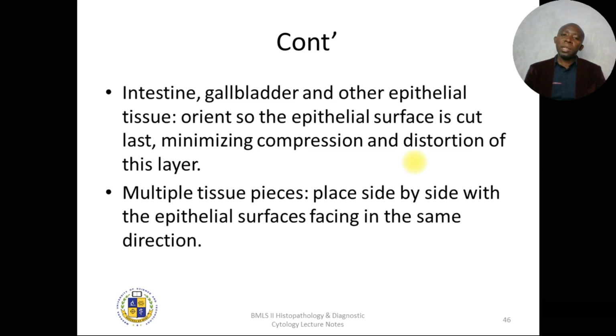Multiple tissue pieces are placed side by side with the epithelial surfaces facing in the same direction. That's very important. We don't heap them on top of each other because they are small, because when you just heap them together, we may miss out on the different features. But we lay them side by side with the epithelial surface facing the same side. That is very important.